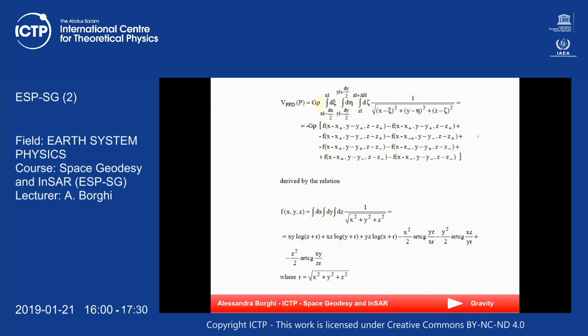These are the coordinates of the point P and the coordinates of each parallelepiped. So when the parallelepiped is far from the point, it is automatically reduced, it is weighted inside the formula. Okay. Thank you.